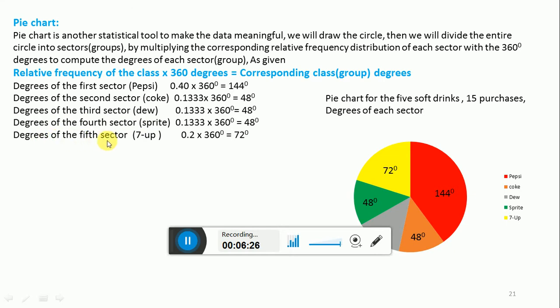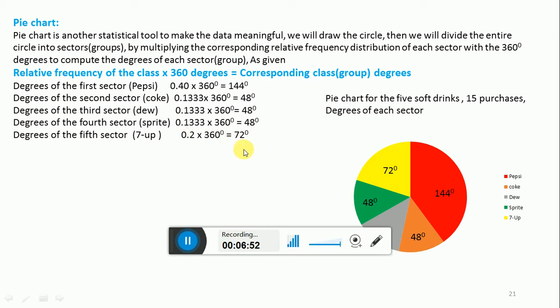Degrees of the fifth sector, 7-Up: relative frequency of the class 7-Up, 0.2, multiplied by the 360 degrees is equal to 72 degrees. So simply, a statistician can compute the degrees of a particular class, a particular sector, by multiplying the relative frequency of the class with the 360 degrees, and these are all the relative frequencies of the 5 classes.